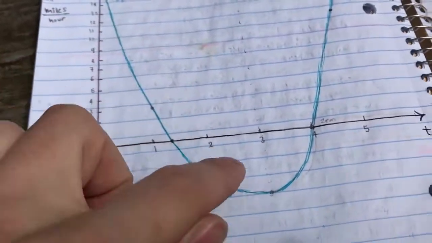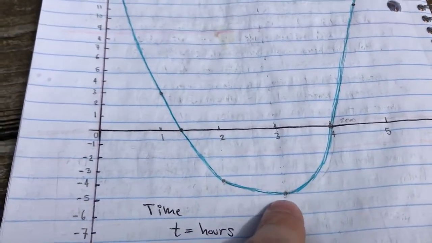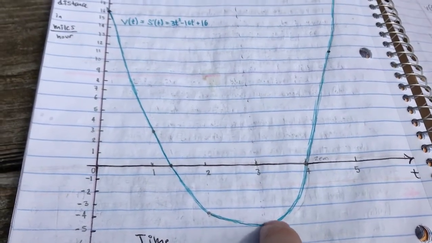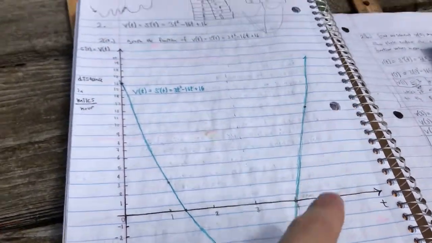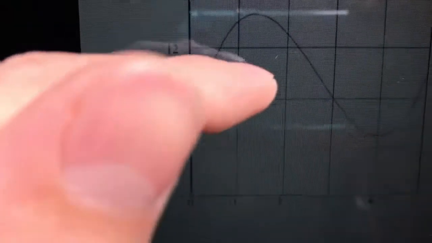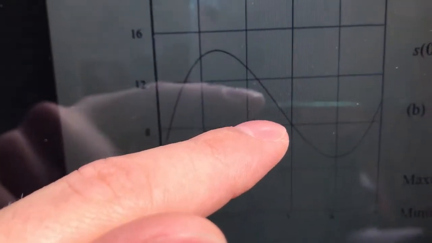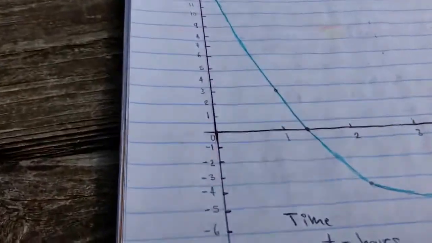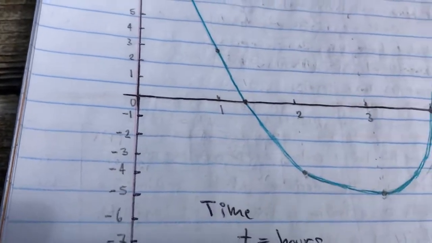So decreasing up till t equals 3 hours, and then we're increasing from t equals 3 hours. Our velocity is increasing all the way up. So our velocity, although negative here, begins to increase towards 0 and then past 0 and continues to increase.